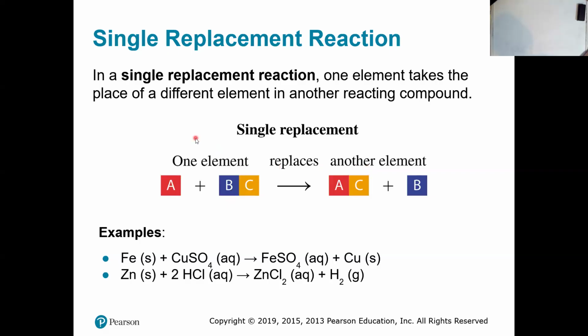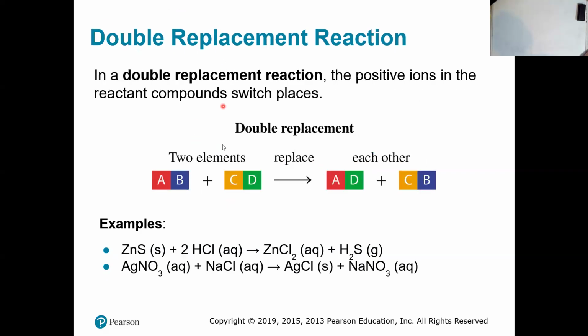In double replacement reactions, we're going to have two elements replacing each other. Okay. So if we look at our examples here, we have Zn and sulfur, and we have H and Cl. And now on our product side, the Zn is going to move over here and attach to the Cl, and the H is going to move over here and attach to the S. So we get two things switching places in a double replacement.